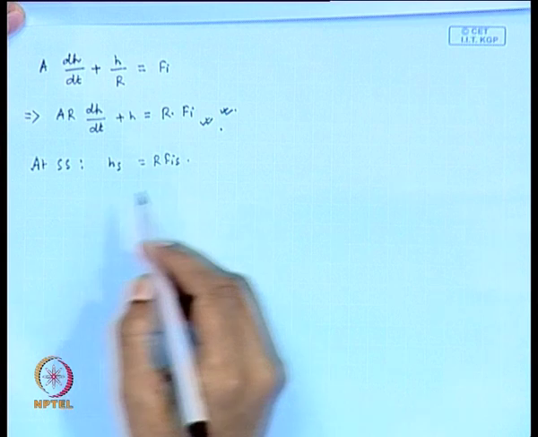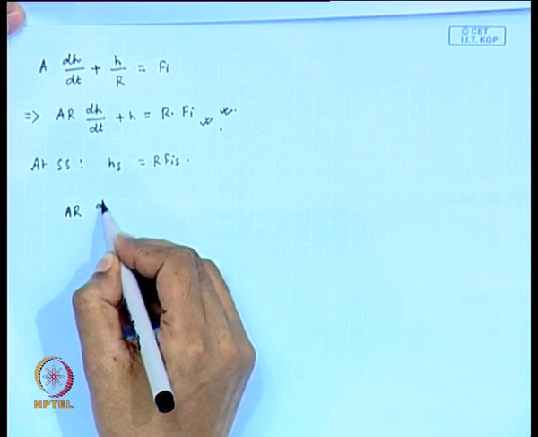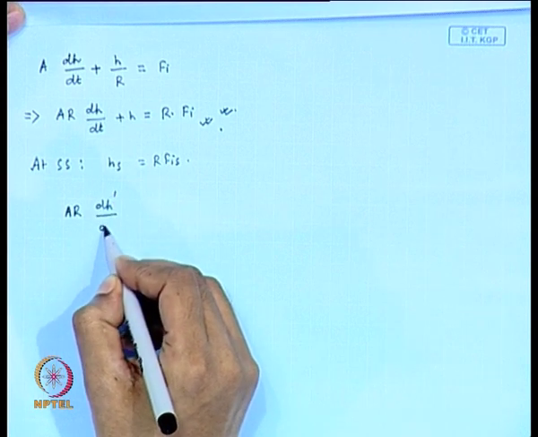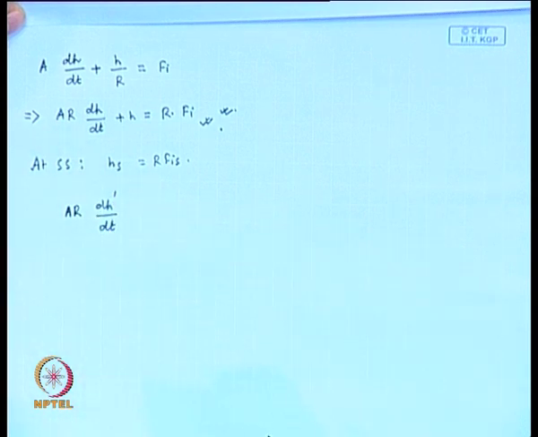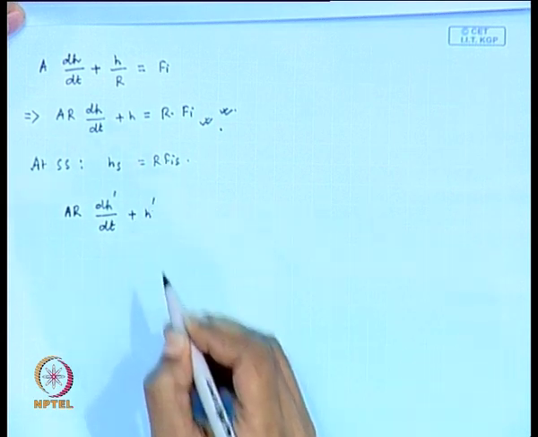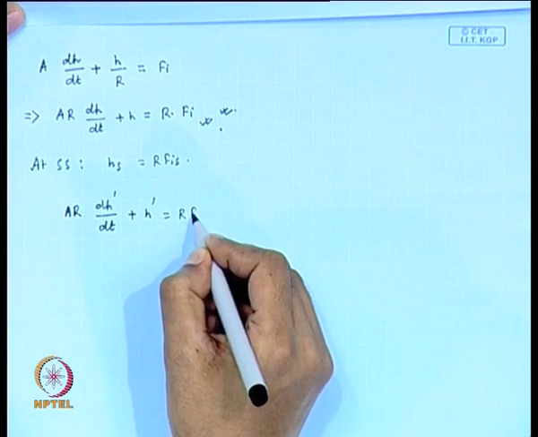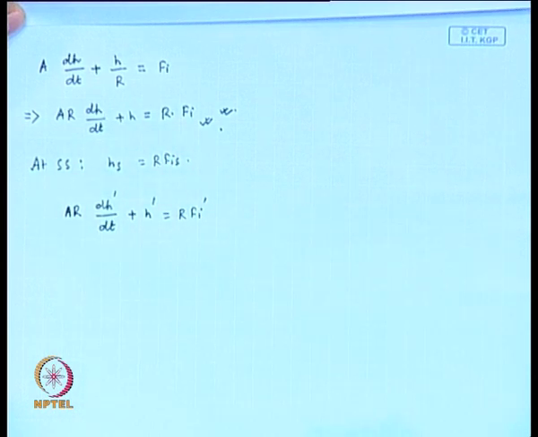Now, subtracting this steady state model from this modeling equation, we get the equation in terms of deviation variable, that is A R dh'/dt plus h' equal to R Fi'.